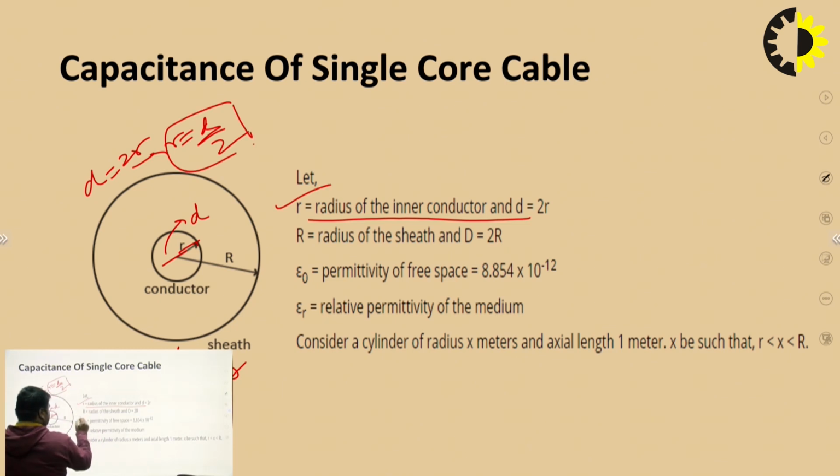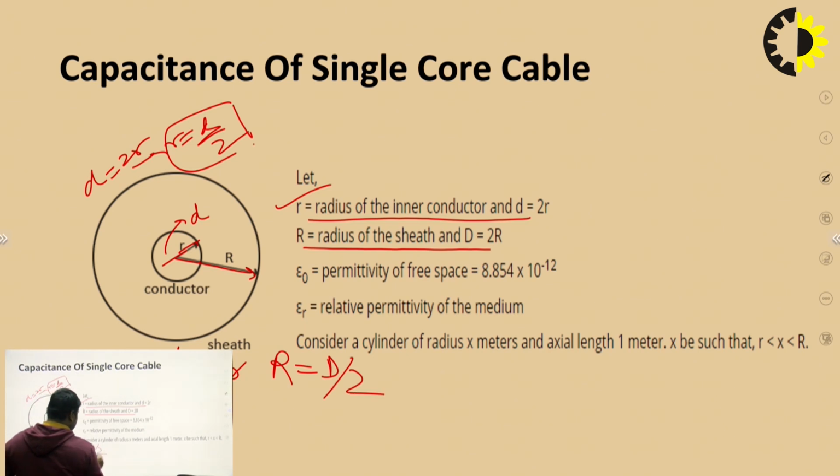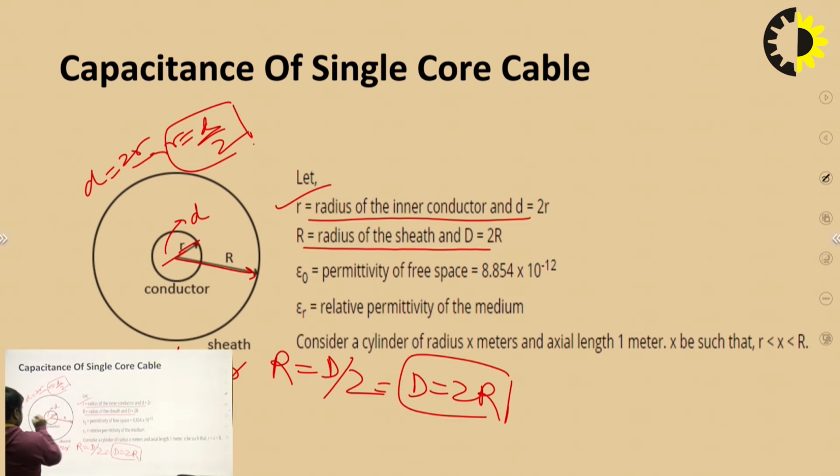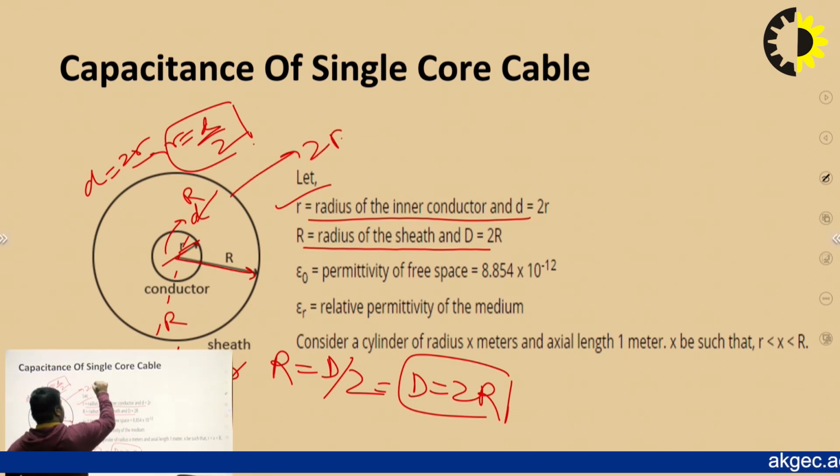Capital R equals the radius of the sheath, and capital D equals 2R, so capital R equals D by 2. Here D is the diameter.